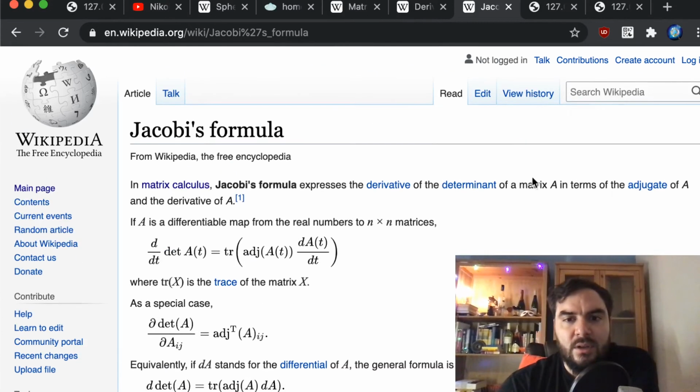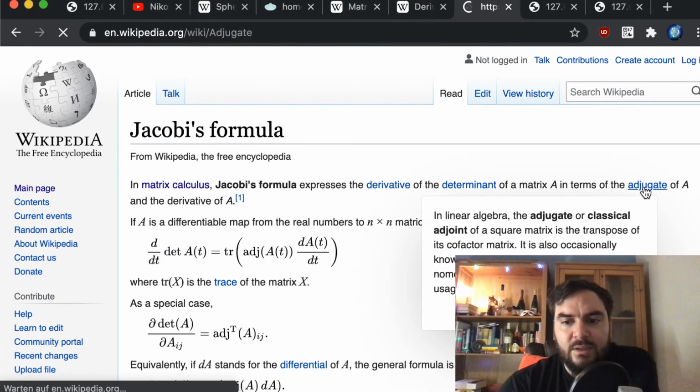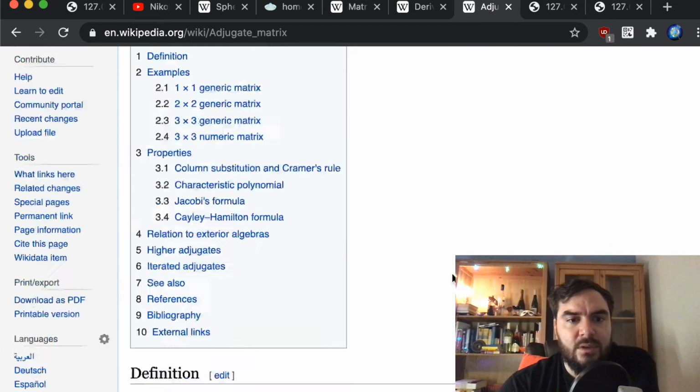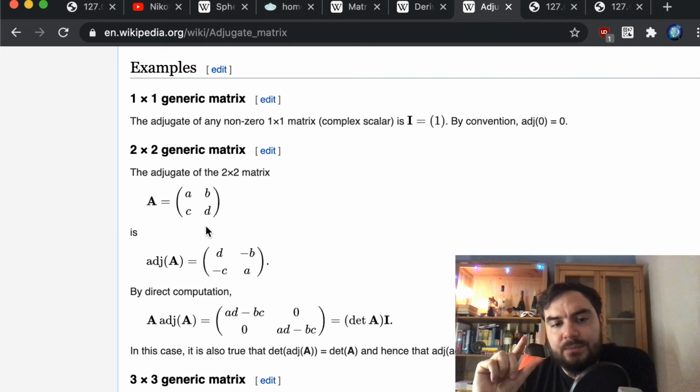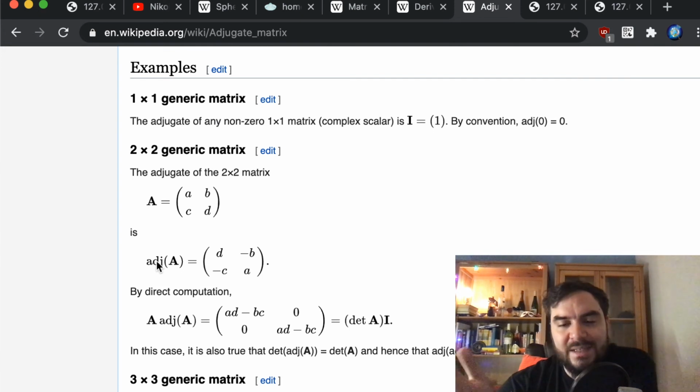Oh, wait a minute. I go to the adjugate page on Wikipedia, and here we see that you compute it like that. Basically, you transpose, you change some signs, and it behaves similar to the inversion. So basically, you invert the matrix and multiply it by the determinant, roughly speaking.